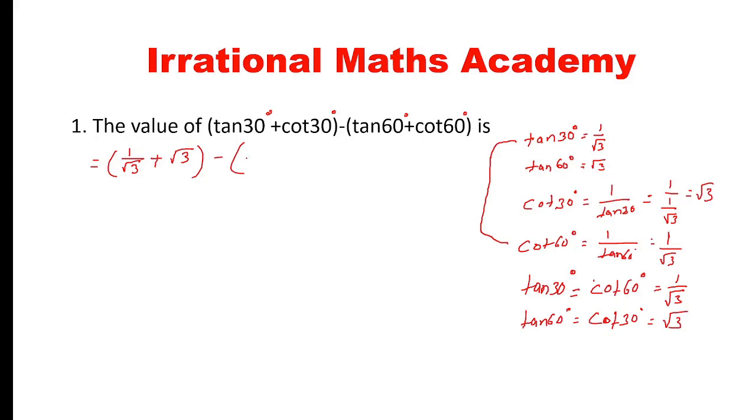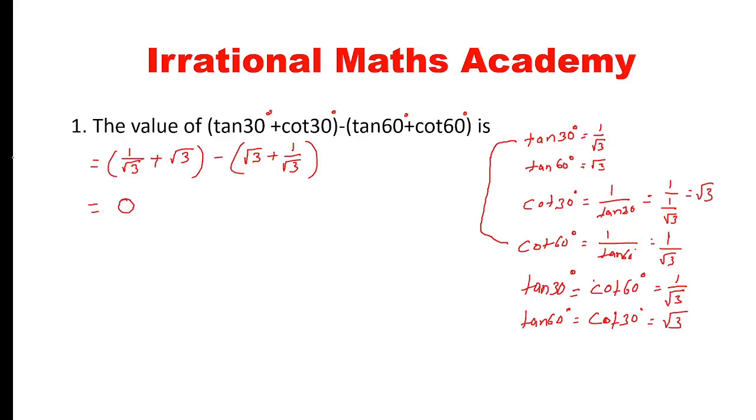Tan 60 is root 3, plus cot 60. Cot 60 is 1 by root 3. So if you observe carefully, 1 by root 3 plus root 3 minus root 3 plus 1 by root 3. What will you get here? Answer 0.